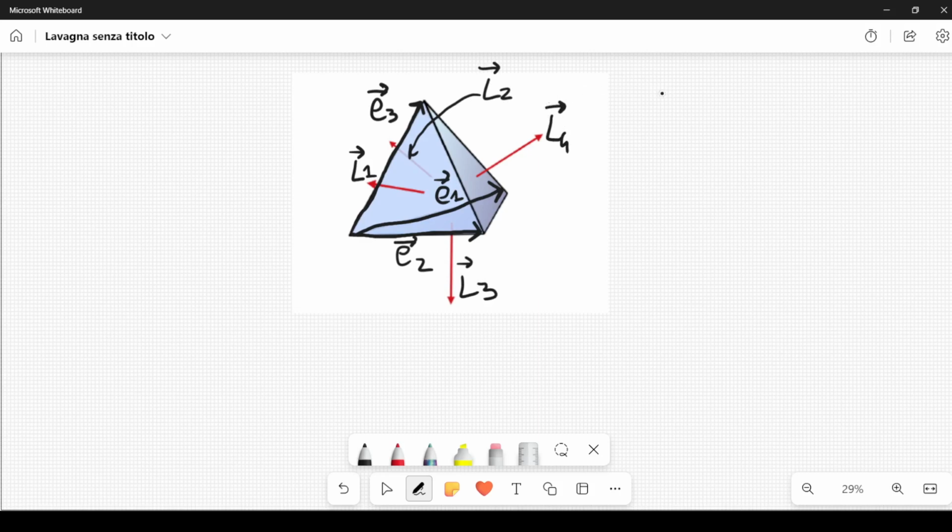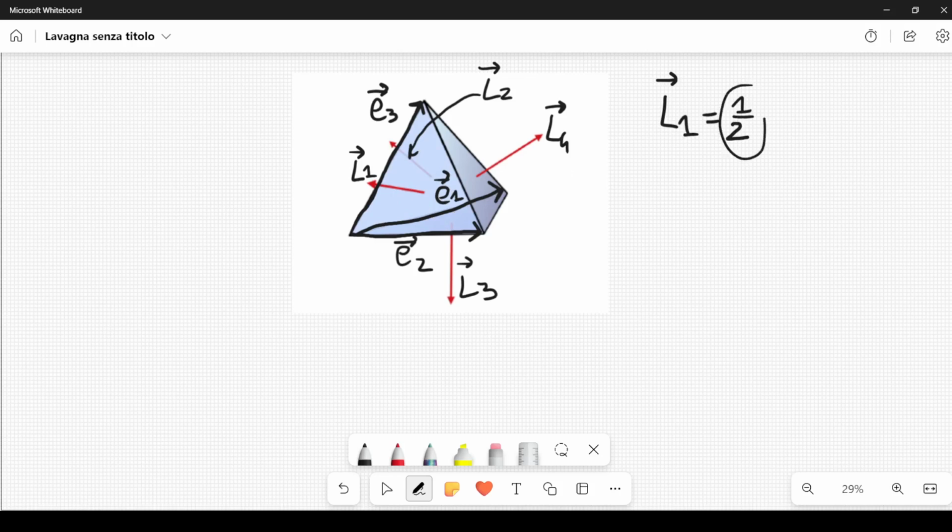Now there are some simple formulas for L1, L2, L3 in terms of E1, E2, E3. In particular, L1 will be proportional to the cross product between E2 and E3, and in particular we simply normalize L1 in such a way that its mode is equal to the area of this face of the tetrahedron.